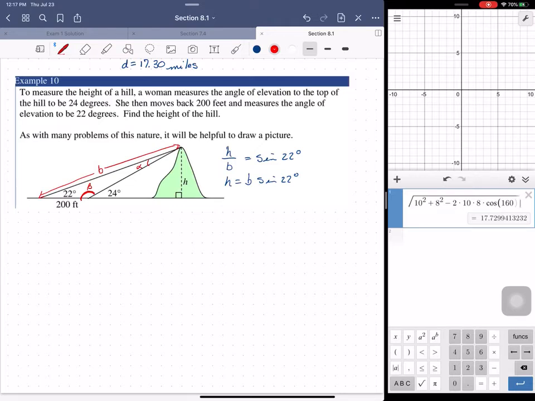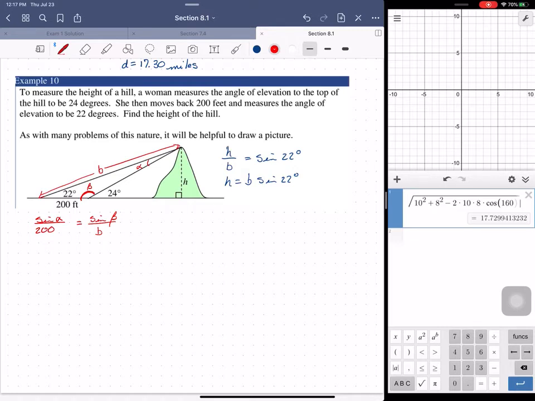Why did I do that? Because I know that the sine of alpha over 200 feet is going to be equal to the sine of beta over b. So if I can find alpha and beta, I can find b.